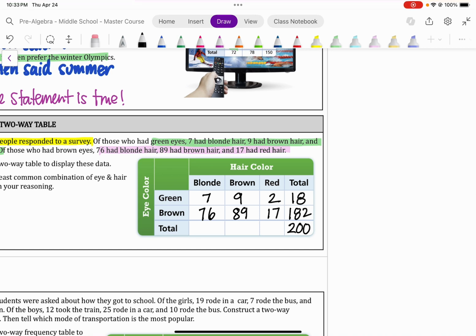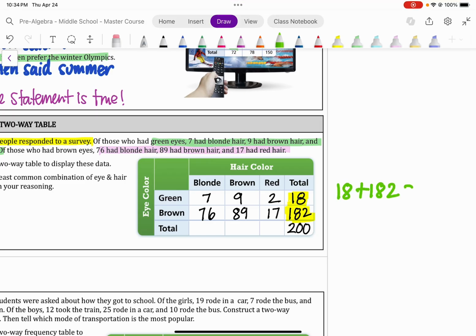And I know that's going to work because if I added those two totals, those totals would make my total, which is 200. So now we're just going to add those columns. 76 plus 7 equals 83. 89 plus 9 equals 98.